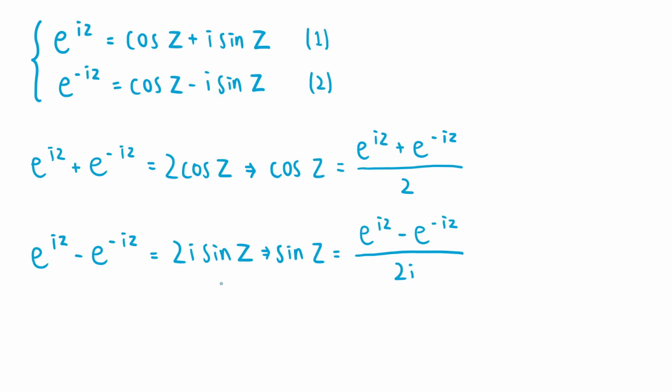So if we divide both sides of this equation by 2i, we get sine of z equals e to the iz minus e to the negative iz divided by 2i. So this is the definition of sine of z in terms of the exponential function. Sine of z equals e to the iz minus e to the negative iz over 2i. So this is how you define cosine of z and sine of z in terms of the exponential function, where z is the complex number x plus iy.